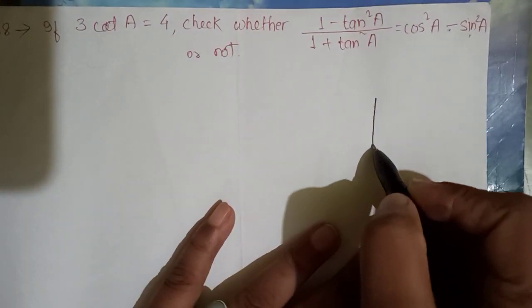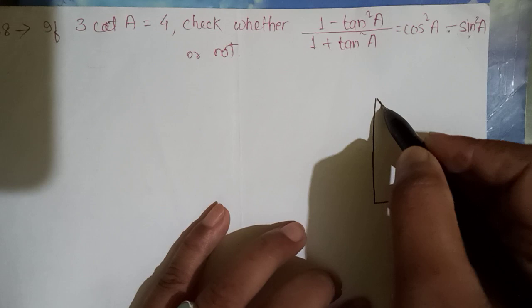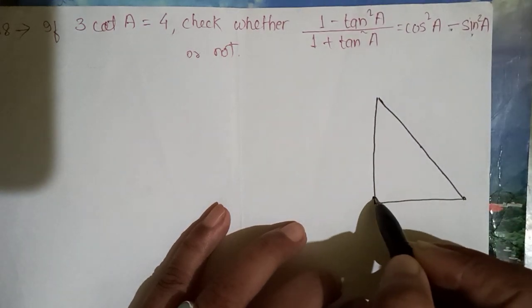So first we will draw one right angle triangle. We need one right angle triangle. So this is our triangle. Give the right angle here.